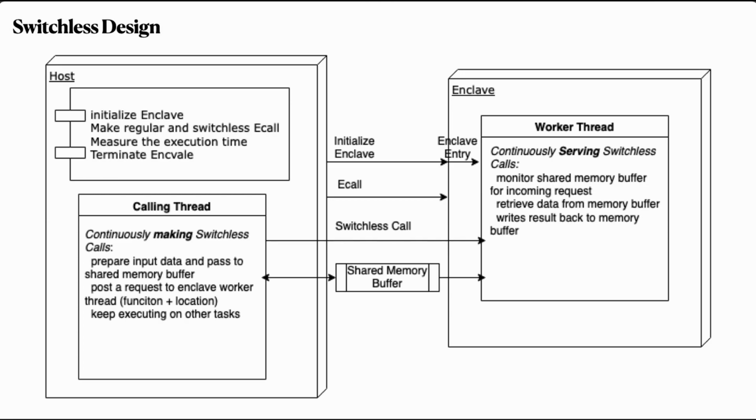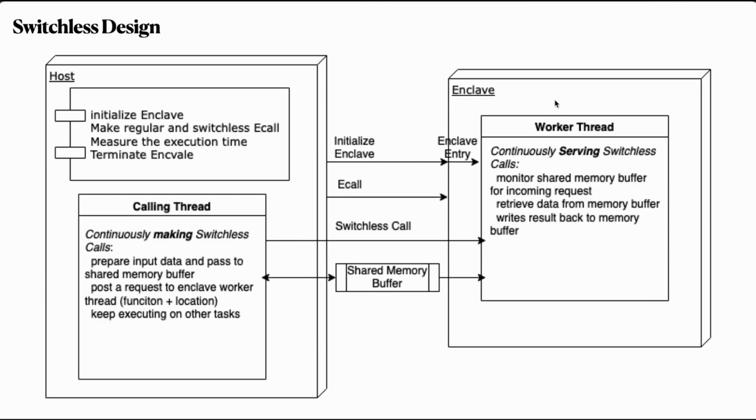It then posts a request to the enclave worker thread, providing information about the enclave function to be executed and the location of the input data in the shared memory buffer. Once the request is posted, the calling thread can continue executing other tasks without waiting for the enclave worker thread to complete the request operations.